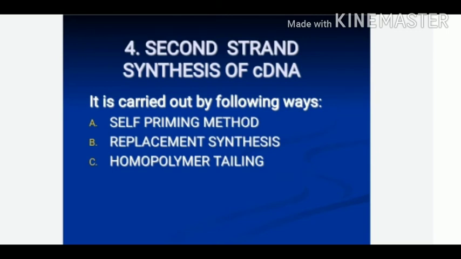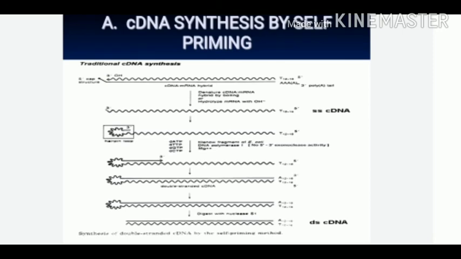After this step, it is seen that the first strand has the tendency to transiently fold on itself, forming hairpin loop, resulting in self-priming of second strand. This leads to the formation of the double-stranded complementary DNA as seen in the diagram. Later on, the loop is cleaved by another enzyme, that is S1 nuclease, to allow the insertion into a cloning vector.